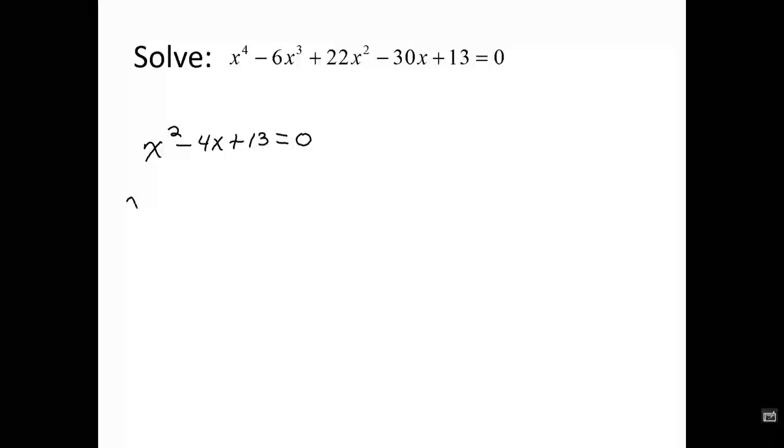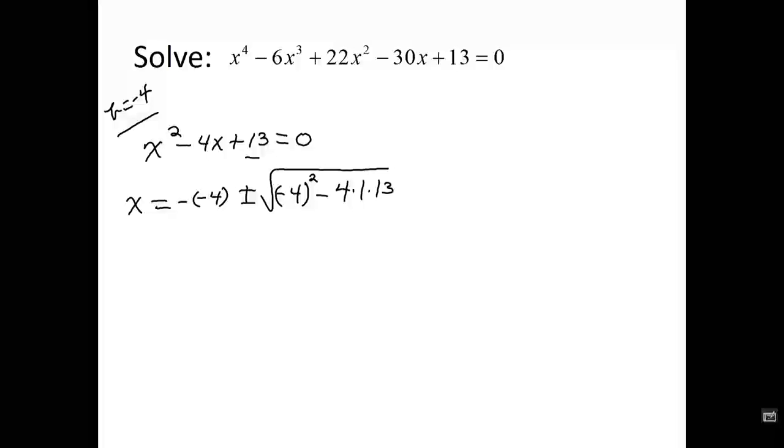Upon using the quadratic formula, we have x is equal to minus b. b in this case is negative 4, so minus b is minus negative 4, plus or minus the square root of b squared, negative 4 squared, minus 4 times a, which is 1, times c, which is 13, so 4 times 1 times 13, divided by 2 times a. a is 1, so 2 times 1 is 2.